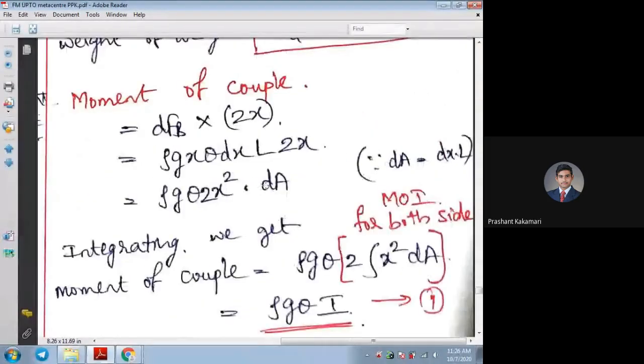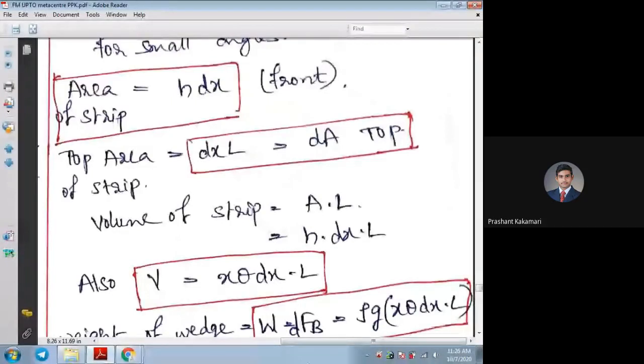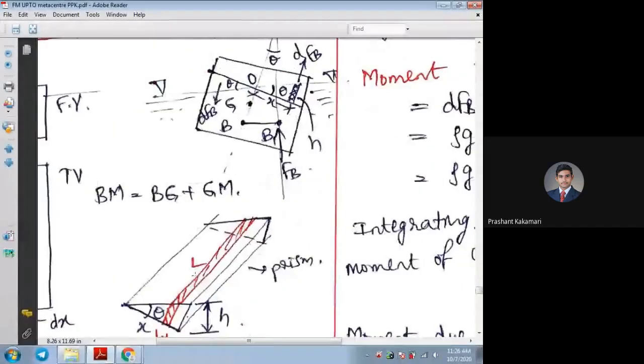Because here, see, dA is the top area, dx into L. Top area moment of inertia you have to consider.